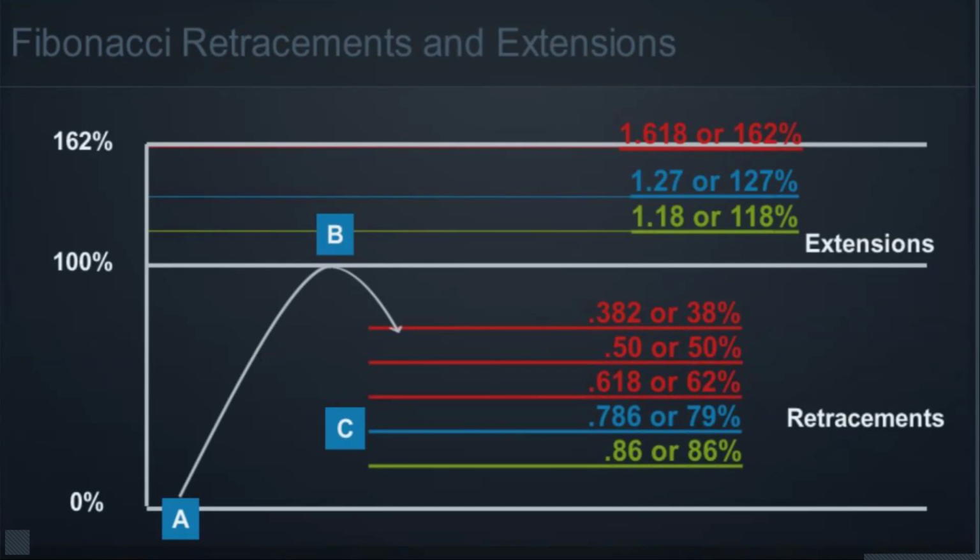If you retrace it to 78.6, it will extend to 1.27. And if you retrace it to any of 38.2, 0.5, or 61.8, the market will extend to 161.8 or 1.618. And all these are part of the ratios that we derive from the Fibonacci sequence.